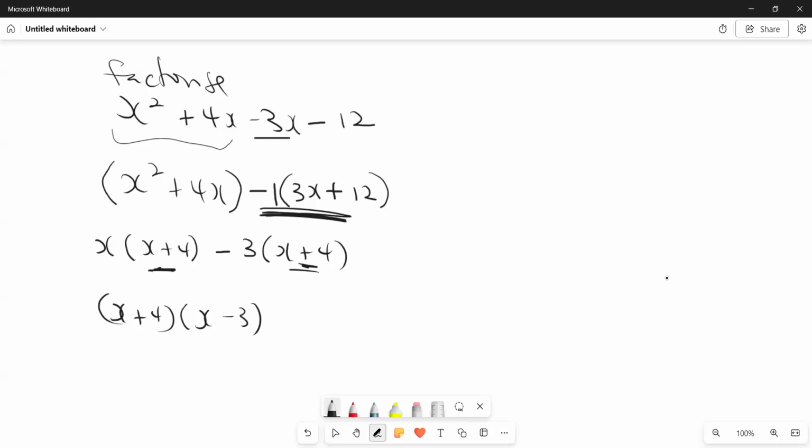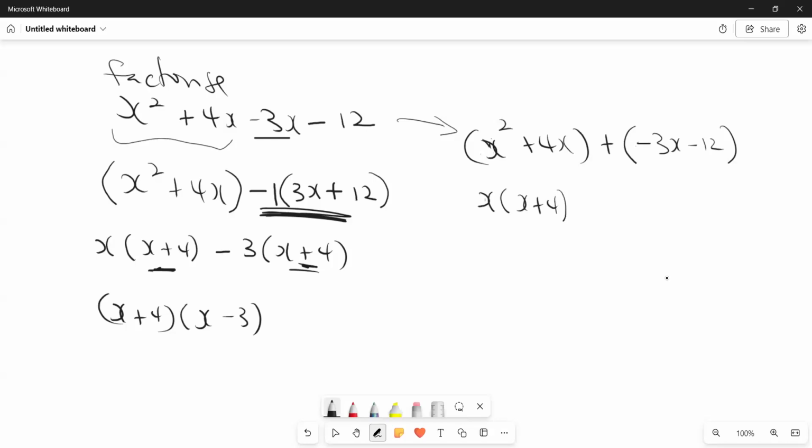You go from here, x squared plus 4x. Put a plus sign, and in this bracket put minus 3x minus 12. Then do your factorization: x bracket x plus 4. Down here, take out minus 3. If you want to put a plus, no problem.